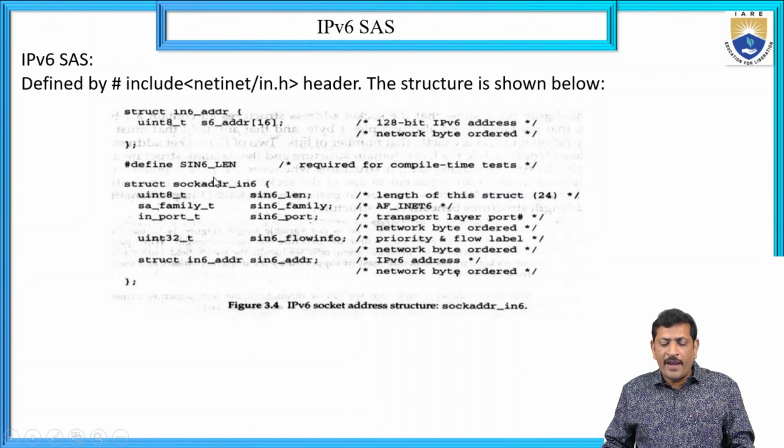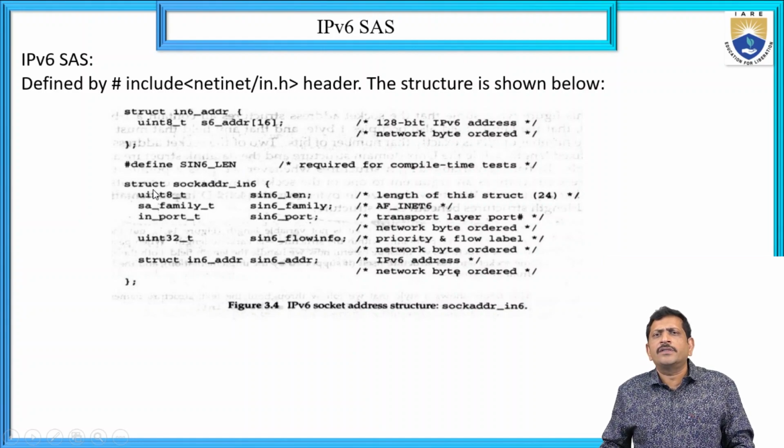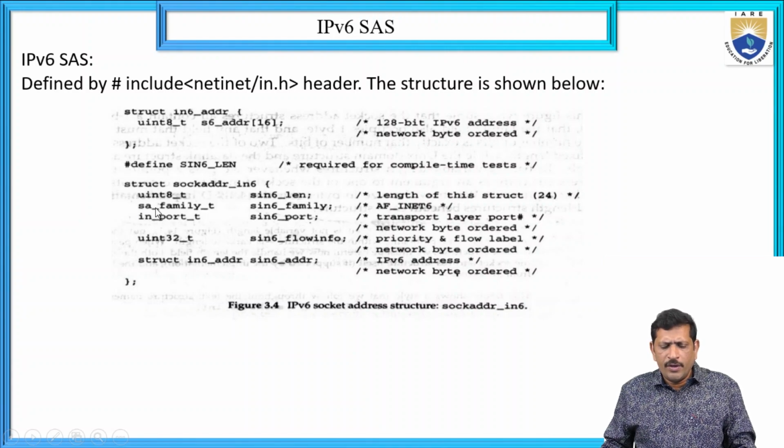#define SIN6_LEN, then struct sockaddr_in6. Here is uint8_t sin6_len, the length of the structure, 24. Then sa_family_t sin6_family, the address family, and in_port_t sin6_port, the transport layer port.